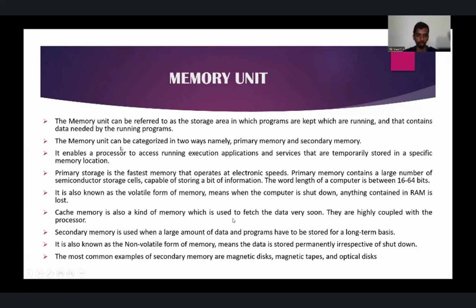The memory unit can be categorized in two ways, namely primary memory and secondary memory. It enables a processor to access running applications and services that are temporarily stored in a specific memory location.